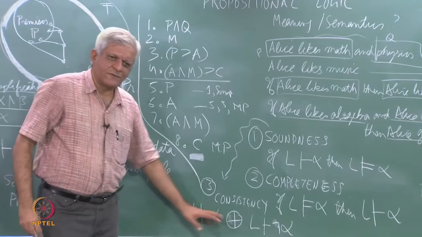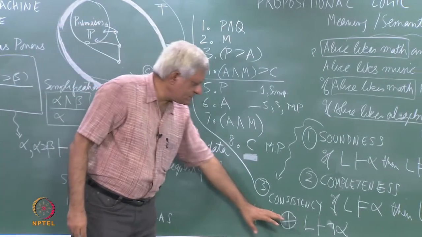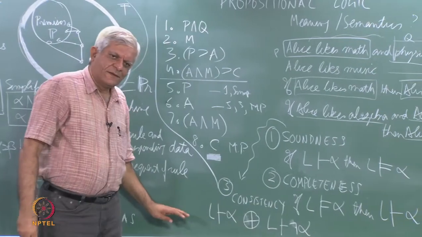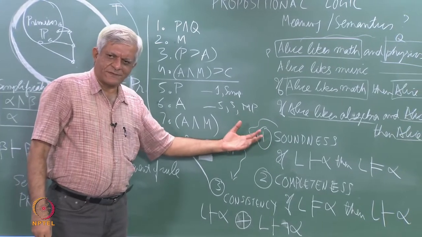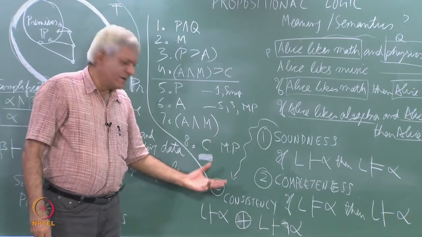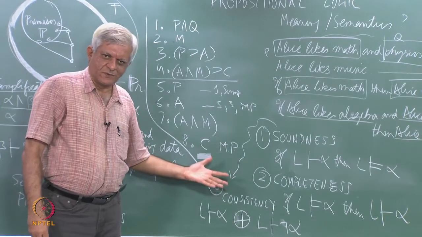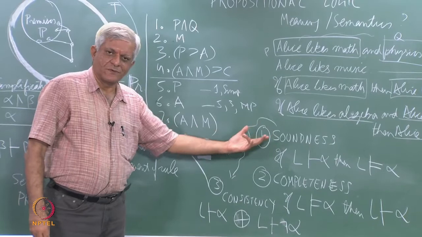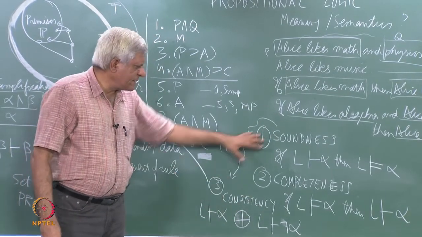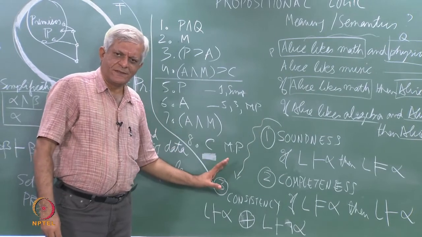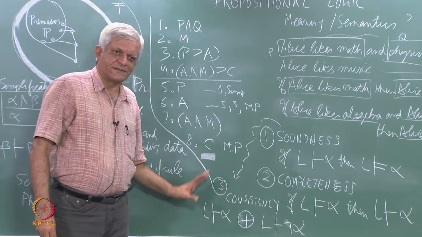This stands for exclusive or, which is not a symbol I have defined here, but we can define it in terms of the others. So, consistency is basically tied up to soundness. If you think about it a little bit, only one of those things will be true, and soundness says that I can prove only those true things. If I prove something, it must be true. So, you cannot have alpha and not alpha being derived. That is the other side of soundness, but very often we talk about consistency. So, soundness, completeness and consistency.